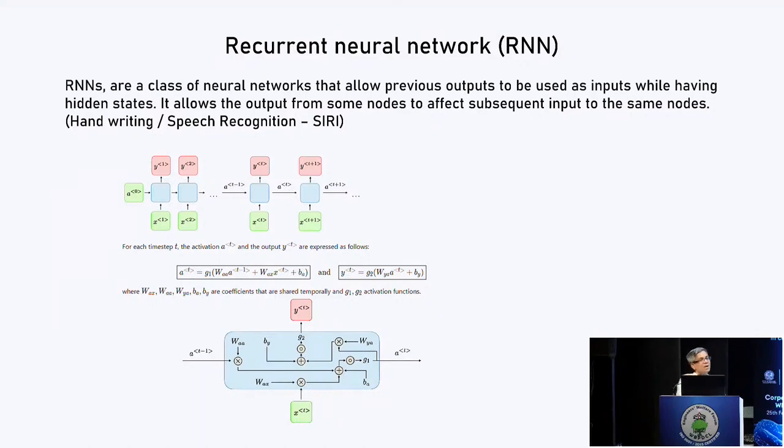The problem with RNN is it does the work more on recent data, not on past data. So this is one approach. We can do it for short-term forecasting.